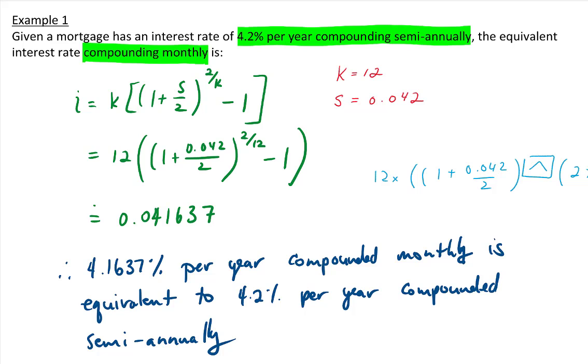So now if we wanted to figure out a monthly payment based upon a semi-annual compounding rate, we can do that using this equivalent interest rate.